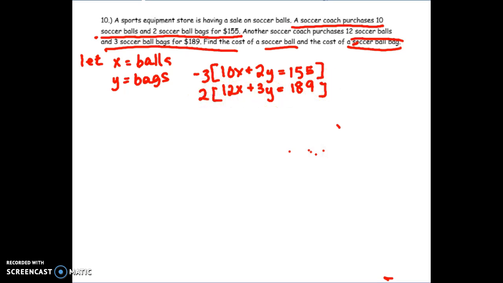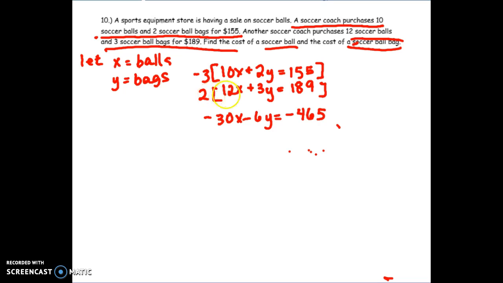Okay, so my new equations will be -30x minus 6y is going to be equal to -465. Sorry, 155 times 3, -465.